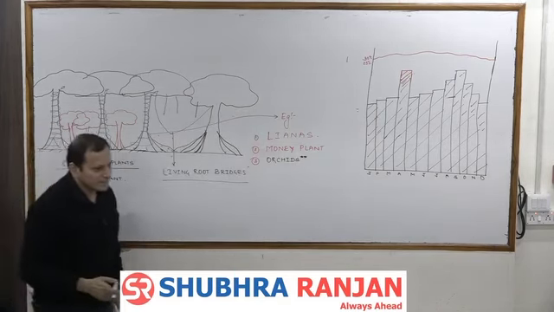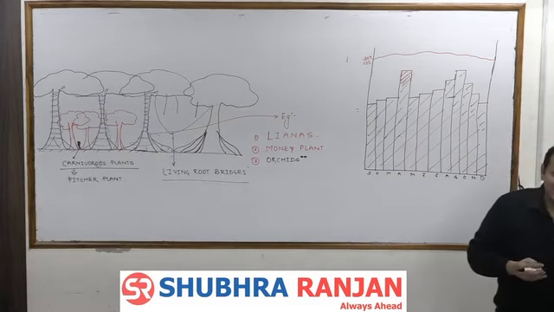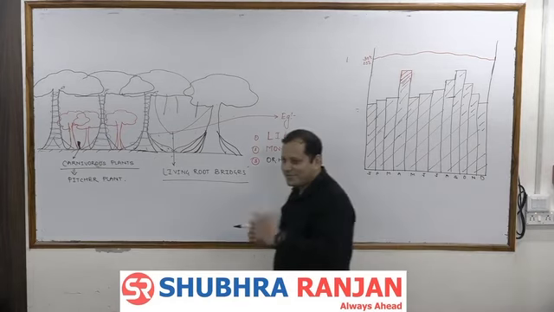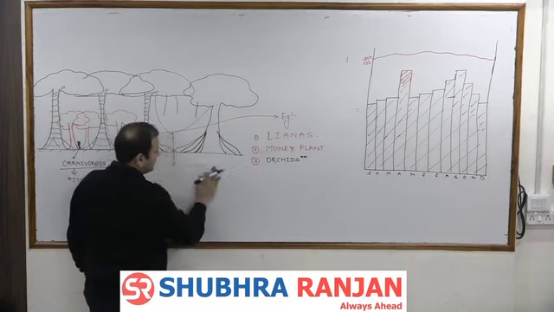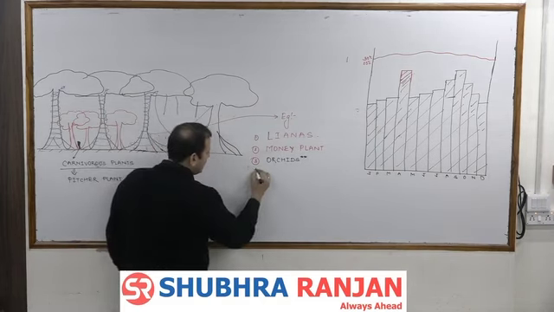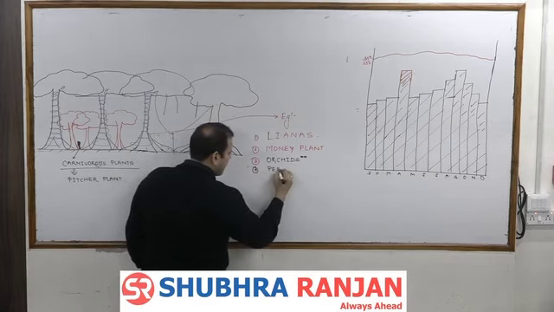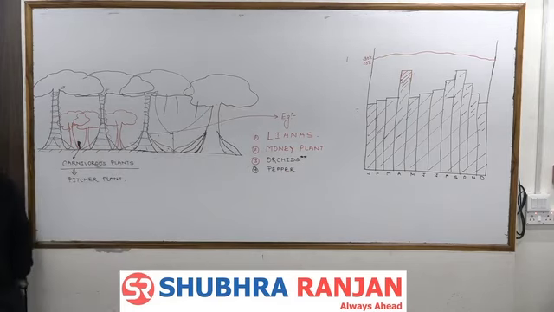What are orchids? Don't know what is orchid? It's a kind of flower. Orchids are an example of climbers. Fourth, pepper.